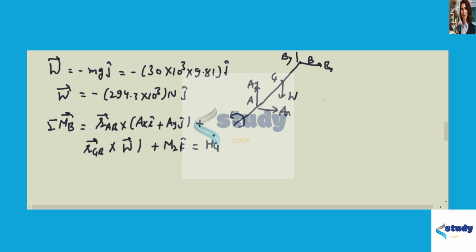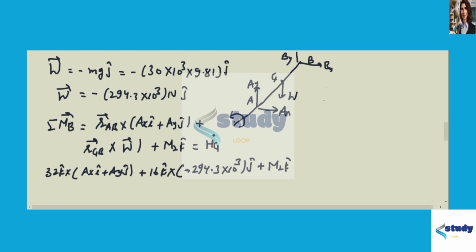Now substitute the values: R is 32 K cap cross AX I cap plus AY j cap, plus RGB 16 K cap, cross minus 294.3 10 to the power 3 j cap, plus M2 k cap. You have to follow the figure to write all these values.